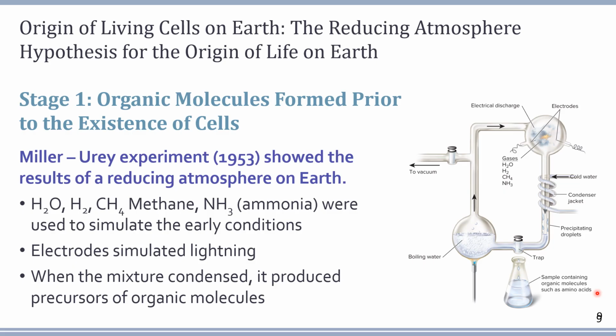It is very electronegative. And so oxygen likes to bond to other things. It likes to form covalent bonds. So reducing atmosphere hypothesis basically means that oxygen began to pull our biological molecules together, our 4 major atoms, carbon, hydrogen, nitrogen, and oxygen, together into these biological molecules.